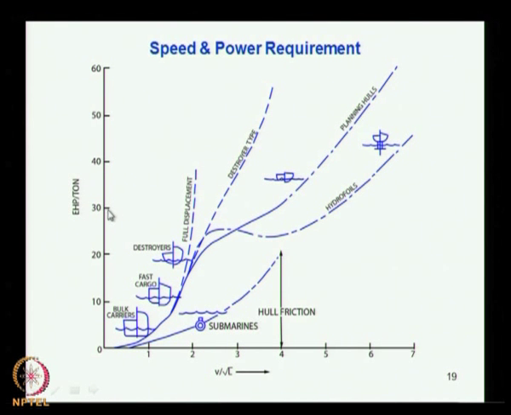So you can see the difference: for the same power, what speed is achieved by the displacement vessel, then the destroyer type, then the planing hull and then the hydrofoils.